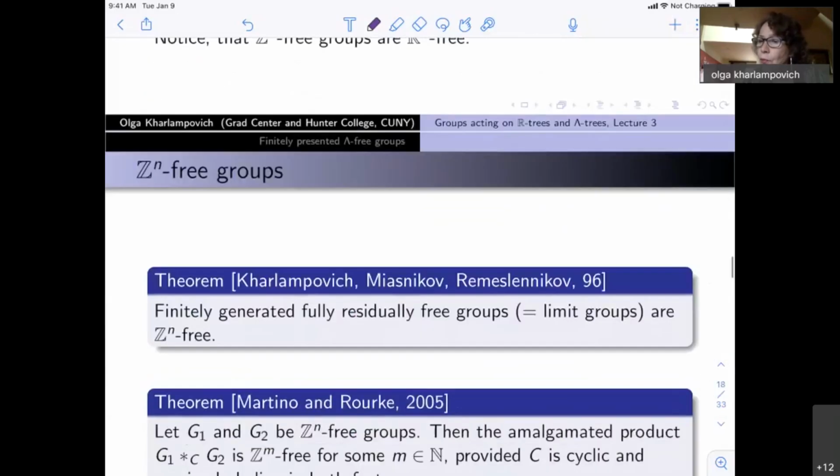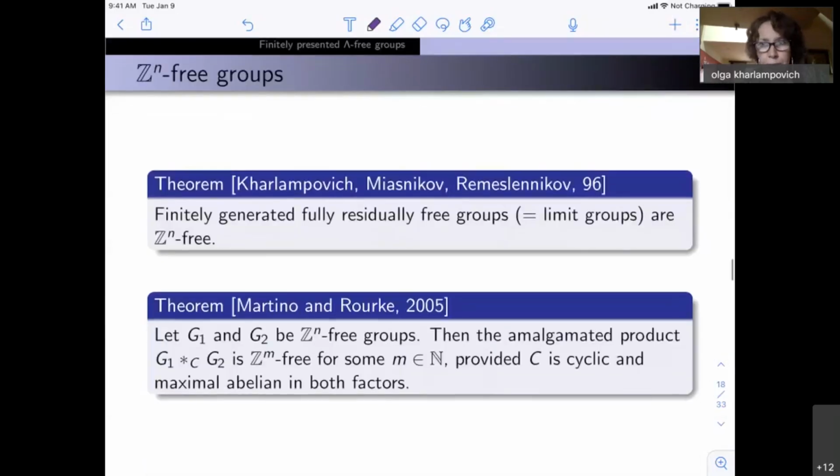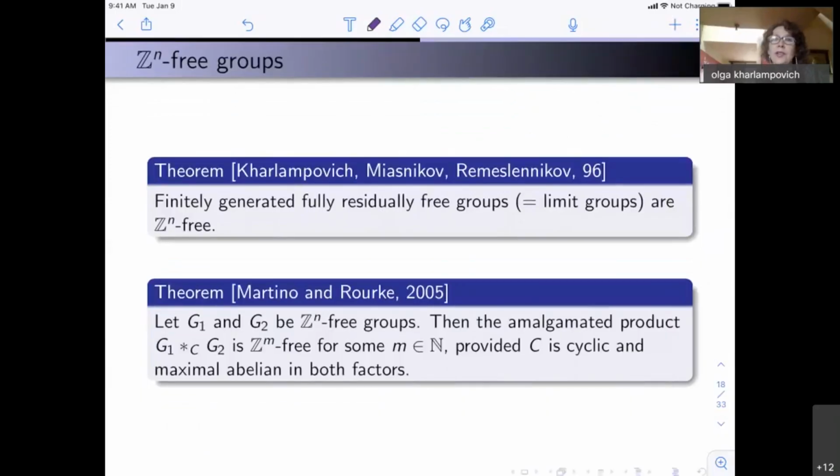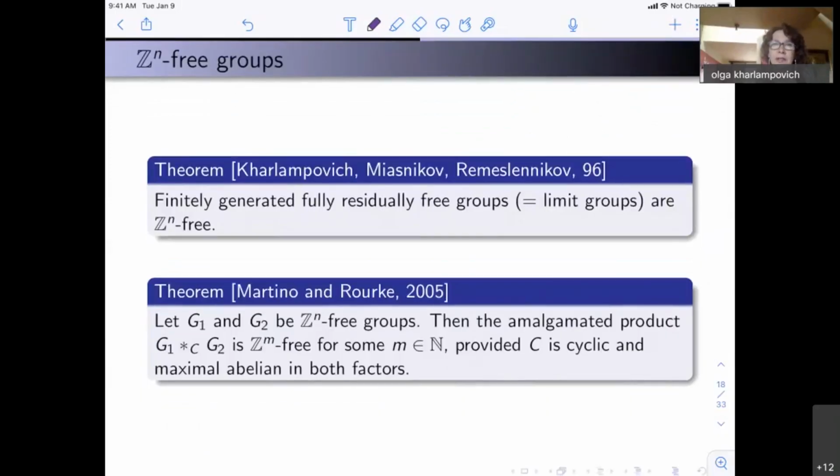We did a lot of work on Zn free groups. Zn is the integers, Z to the n, ordered lexicographically also. For example, we proved that finitely generated fully residually free groups, the same as limit groups, which I just defined, are Zn free.